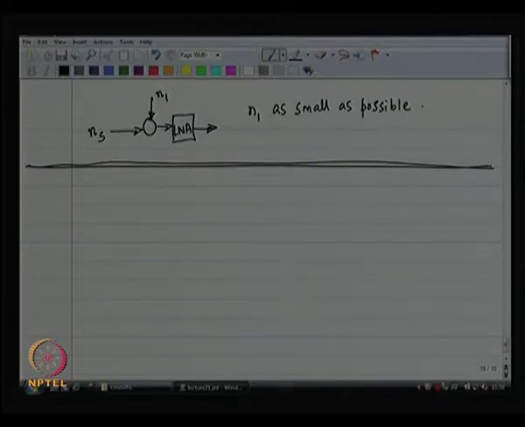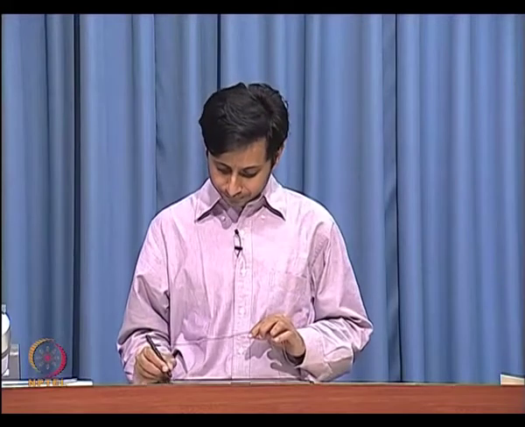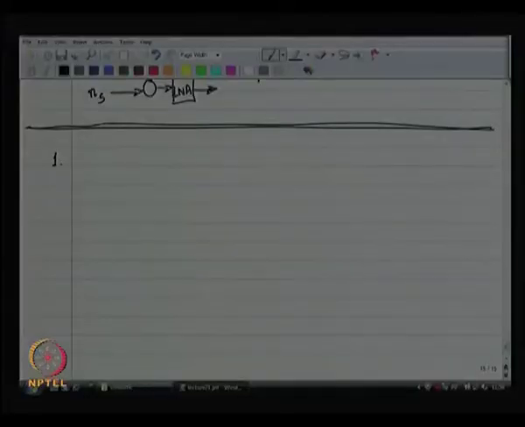So, with this as the background motivation, we are going to start talking about strategies to make a low noise amplifier. So, before we start with the strategies to make the low noise amplifier, what are all the desirable characteristics of the low noise amplifier? Number 1, it should have a large gain.